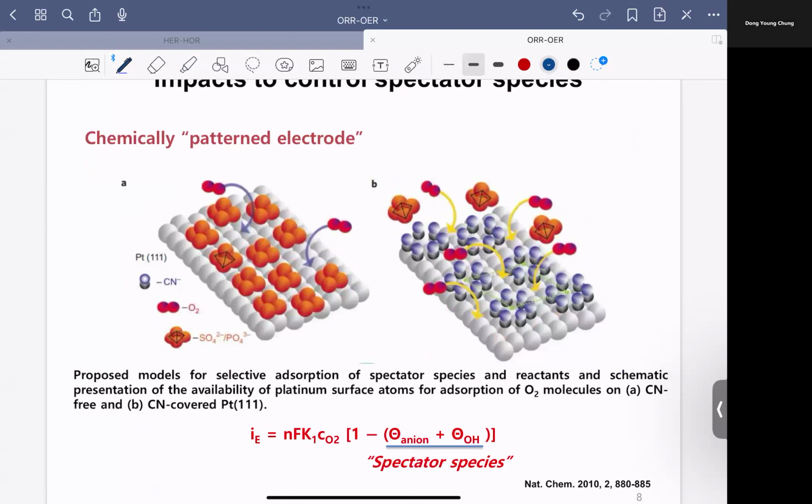This is the cyanide anion, and it can be covered on the surface with symmetrical features, right?